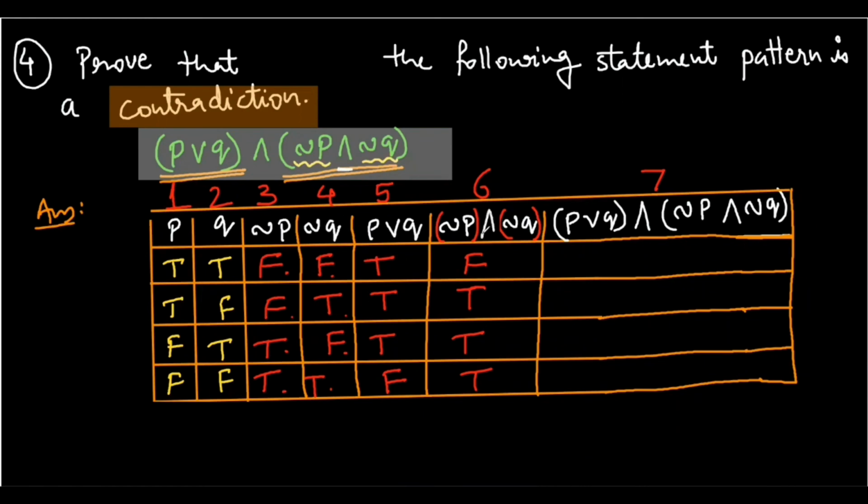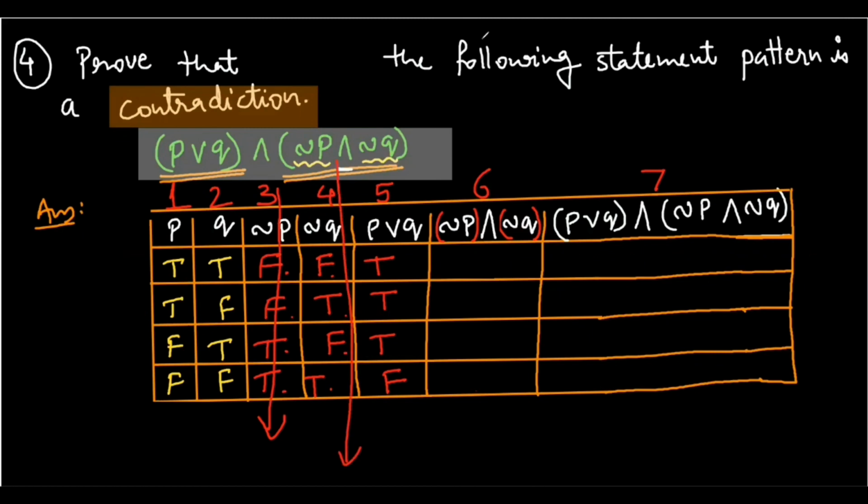So this is conjunction, and because of that, all these entries will change. I'm sorry. So what will be the entry, students? We have the conjunction of negation P with negation Q. So it is column number 3, column number 4.